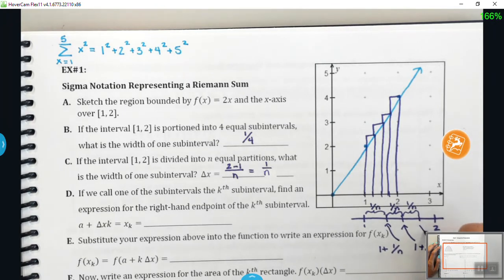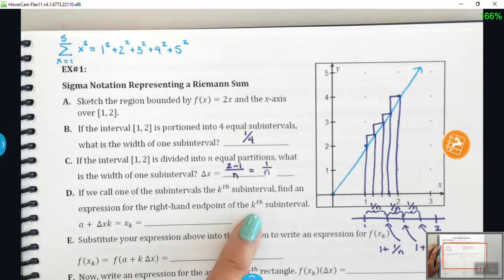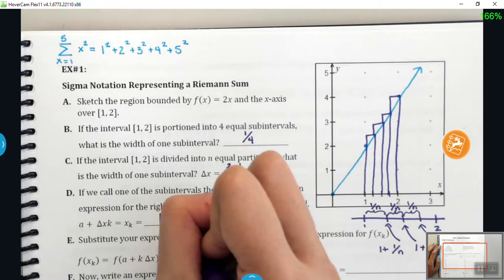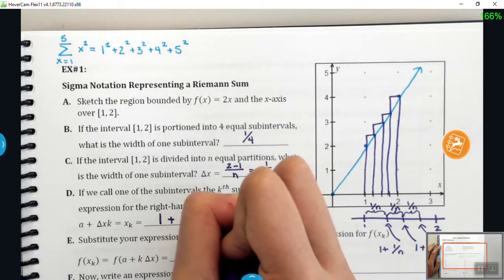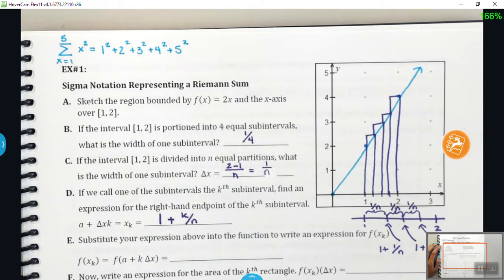This one would be 1 plus 3 over n, right? So if I have the kth subinterval, my expression would be 1 plus k over n. Right? If I wanted the 7th subinterval, it would be 1 plus 7 over n. That would get me to where I am at 7. Okay?